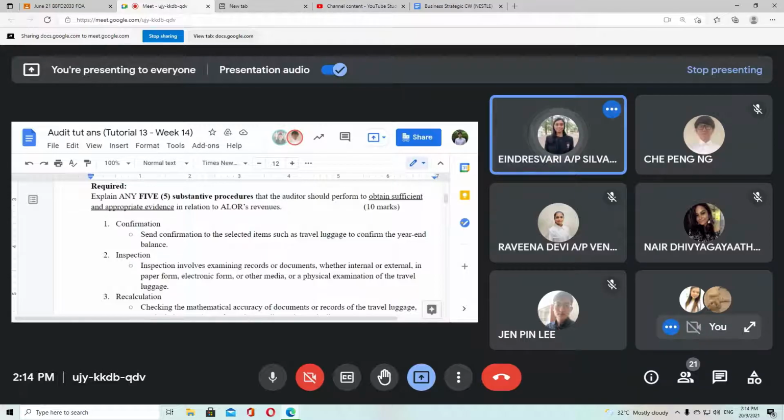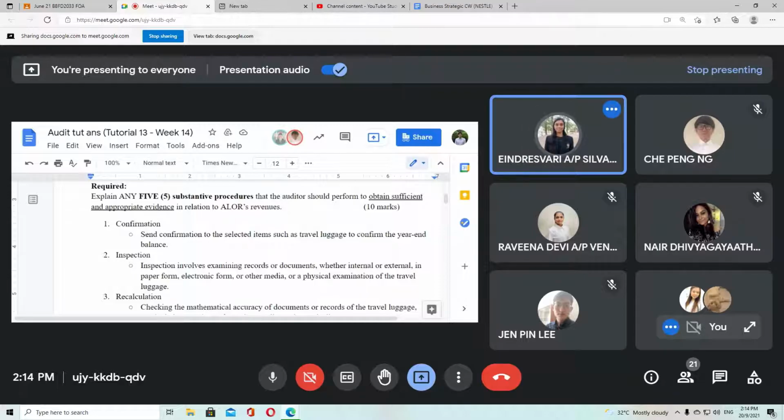For what purpose? To examine the receipt to ensure we sold the travel luggages. Maybe you need to write, then only I can see. Travel luggage is the luggage bag, it's not an airlines company. Go back to the question.